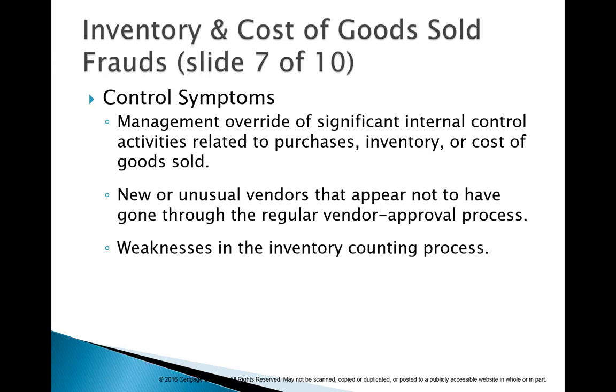If you walk around and you see empty boxes that appear to be stacked together, or boxes that look like they're stacked several boxes deep, but when you look behind them, they're not there. So if you see a bunch of things that look suspicious, like maybe there's problems with their inventory accounting process, and they may be double counting or counting things that aren't there, then you're going to be suspicious.